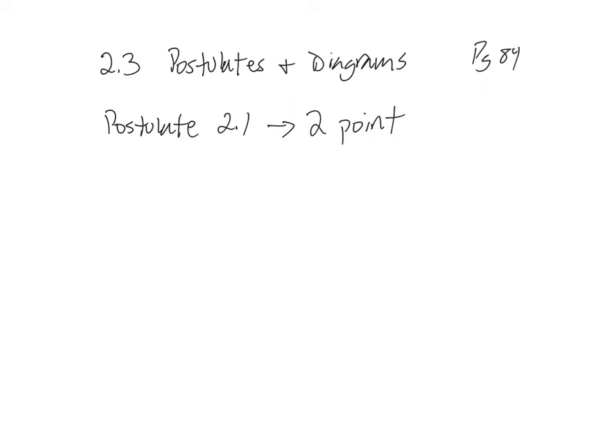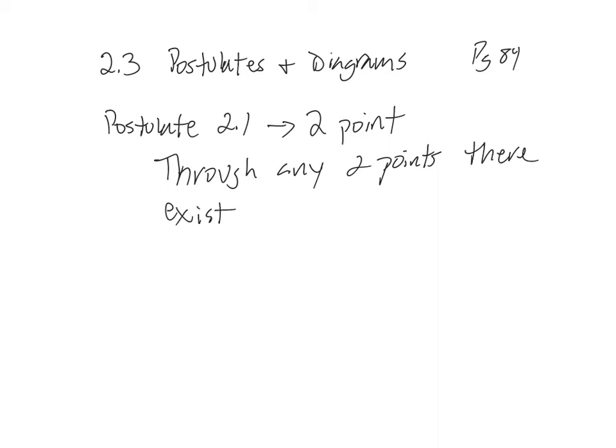So, the 2-point postulate. Through any 2 points, there exists exactly one line.